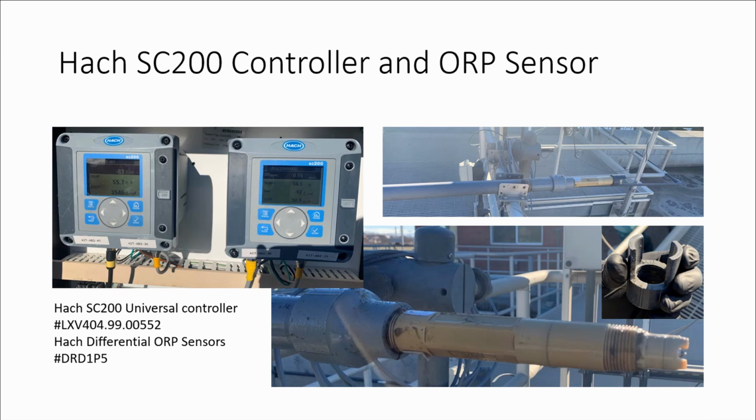So if you look at the screen, you can see that on the one on the left, very top, it looks like we got ORP, and then you got a temperature, and then below that, you got a solids concentration in that basin. And it's the same controller we use for ORP, for dissolved oxygen. So that's the reason we've gone with that controller, is because it's so universal.